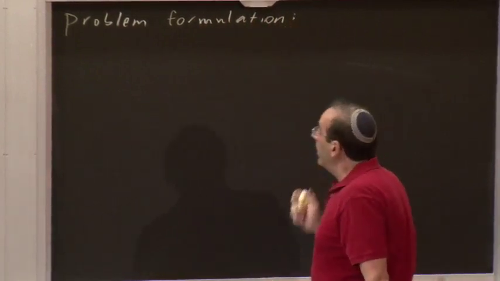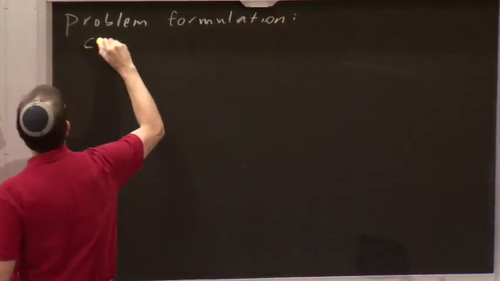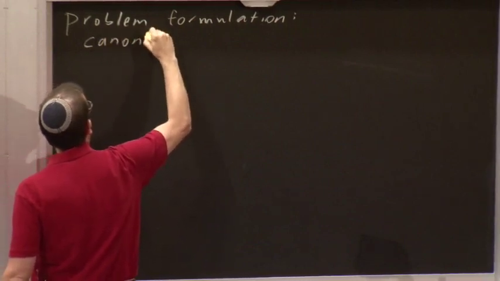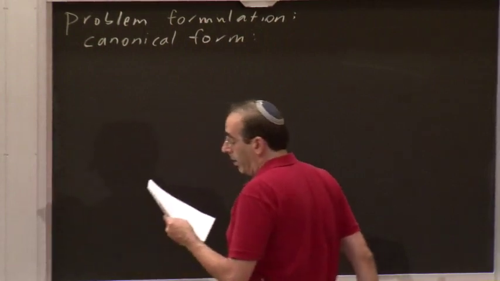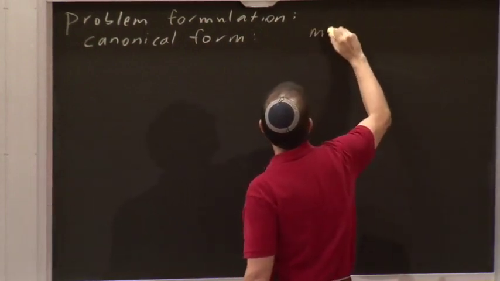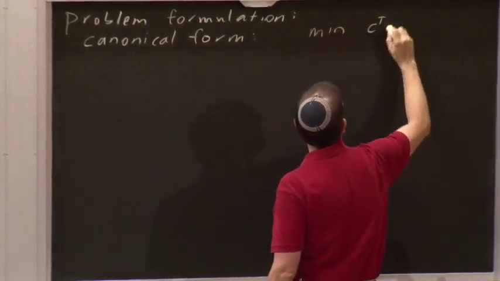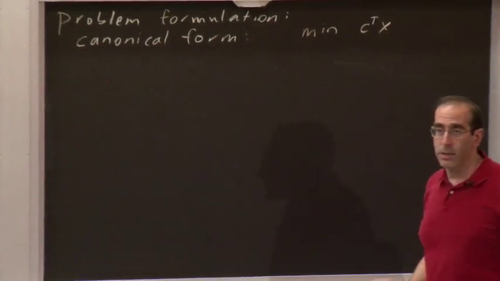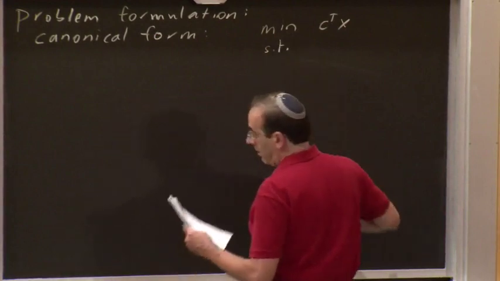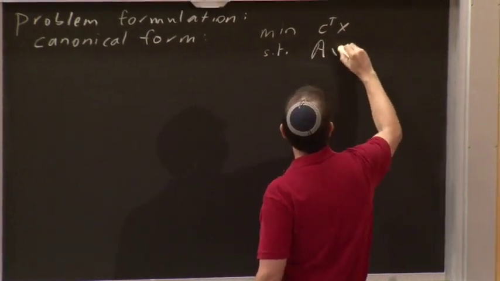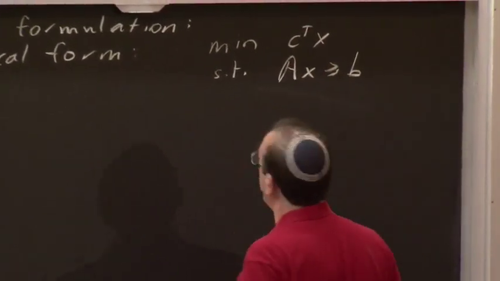So it turns out to be convenient to write our linear programs in what's called canonical form, which means we write the problem of minimizing c transpose times x, where c is a vector, x is another vector, such that A times x is greater than or equal to b.